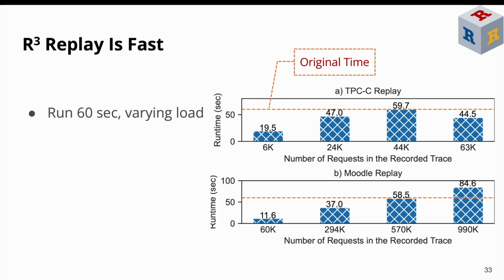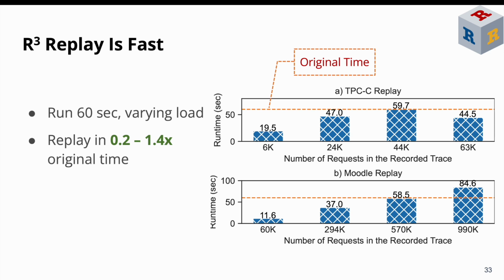We then test the speed of replay. We execute workloads for 1 minute using different loads, and on the x-axis, you can see the increasing number of requests. The replay runtime is shown on the y-axis, and the dashed orange line represents the original execution time, 60 seconds.